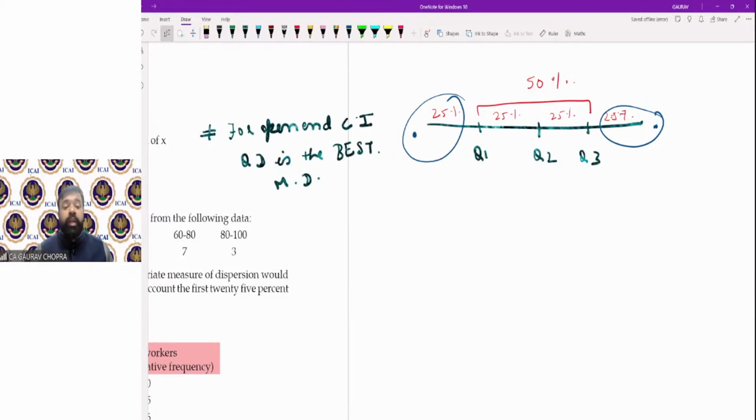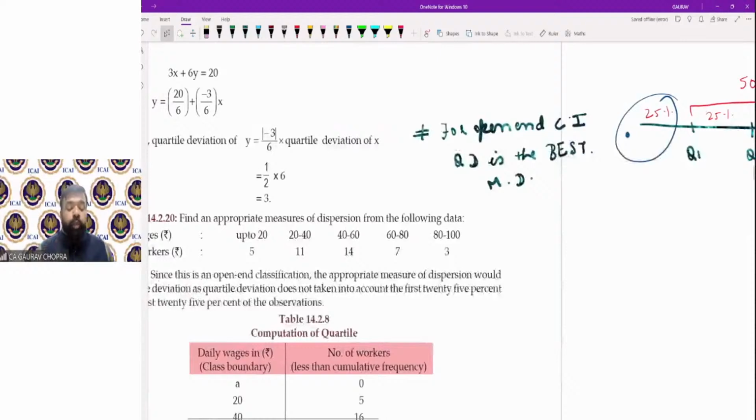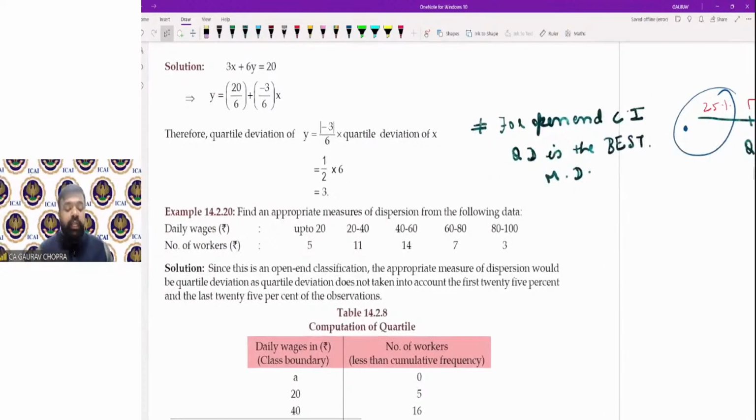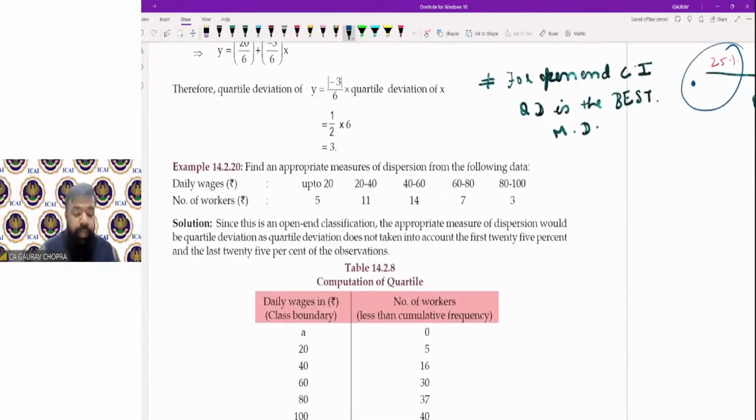So that is why quartile deviation is treated as the best measure of dispersion in case of open end class interval. तो इस क्वेश्चन में कहाँ हमें दिख रहा है क्लास इंटरवल ओपन एंडेड है? जहां बिगिनिंग में लिखा मिल रहा है आपको अप टू 20. दैट मीन्स ये कहीं से भी बिगिन हो सकता है एंड दिस टाइप ऑफ इंटरवल इज ओपन एंडेड. ओके.